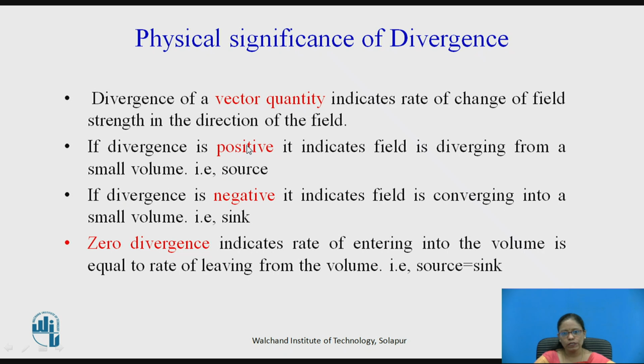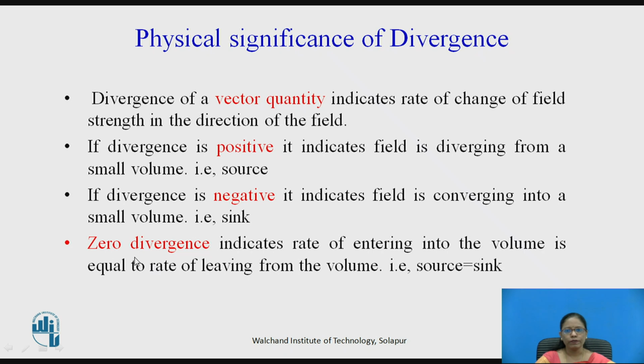If divergence is positive, it indicates that the field is radiating outward from the volume element, and if divergence is negative, then the field is absorbed into the volume element. So positive divergence indicates a source, and negative divergence indicates a sink.